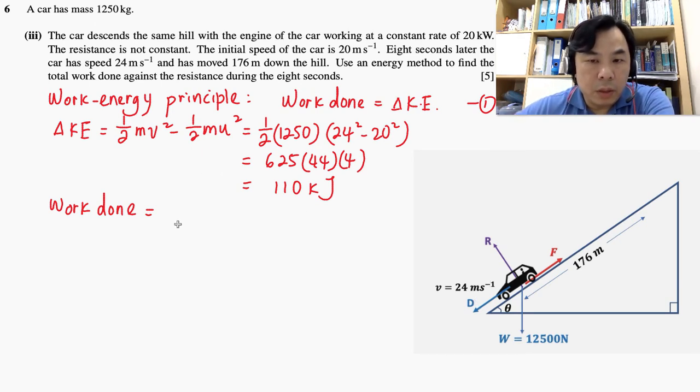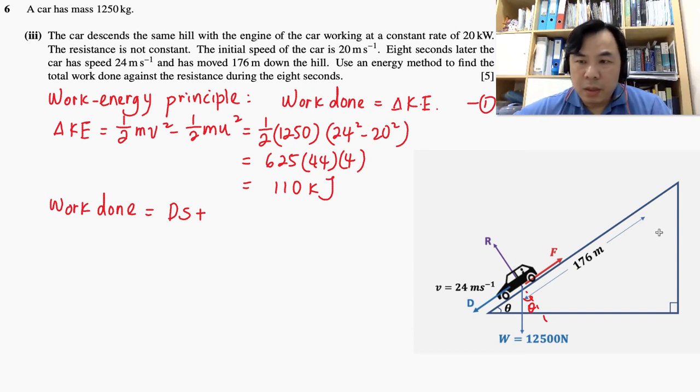So the work done by the driving force is given by the driving force times the distance travelled. And then we also have work done by gravity. We know that the car has typically moved, as you can see from here.